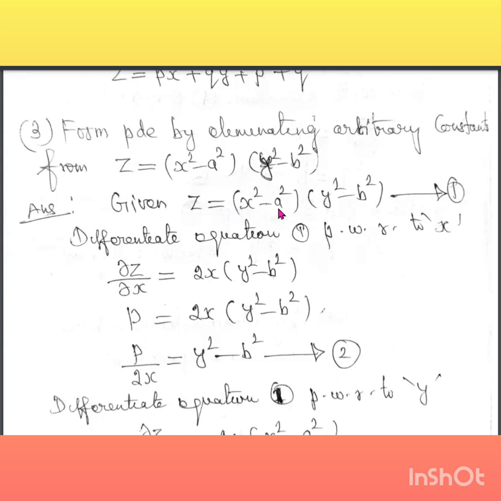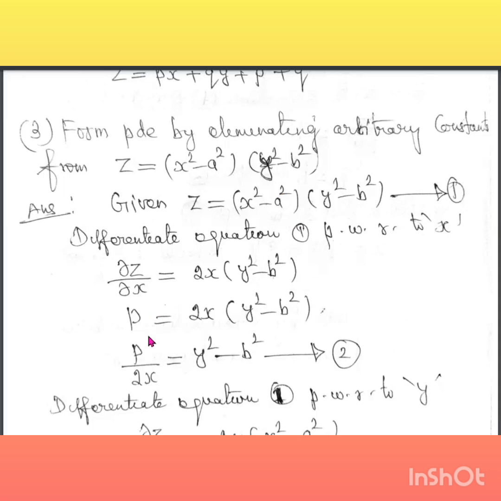If you keep x square minus a square as a constant, you have to differentiate y square minus b square with respect to x, which becomes 0. So 0 into x square minus a square will be 0, plus y square minus b square kept as a constant, you differentiate x square minus a square, which is 2x. So 2x into y square minus b square.